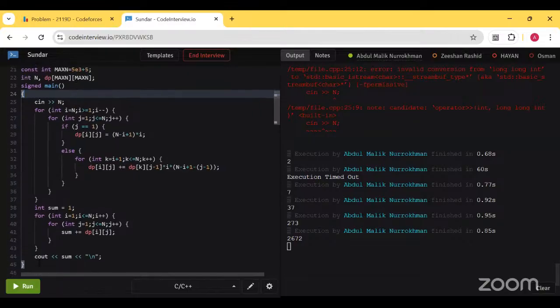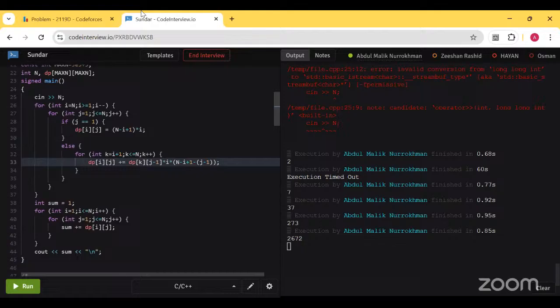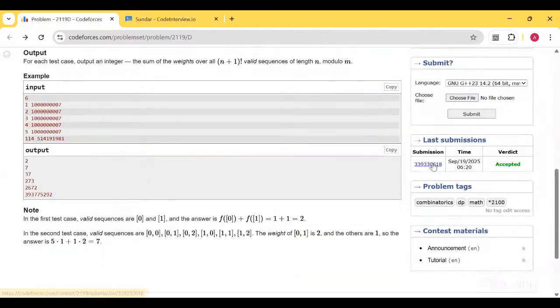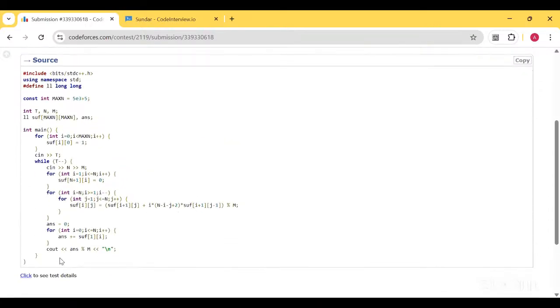Can you believe it? We can just add modulo everywhere. Okay, any question about the idea? The implementation is simple, right? Only a few lines, I think.